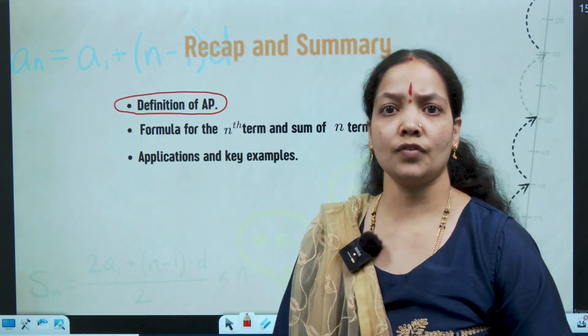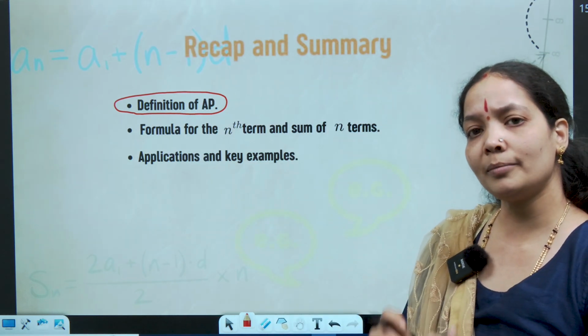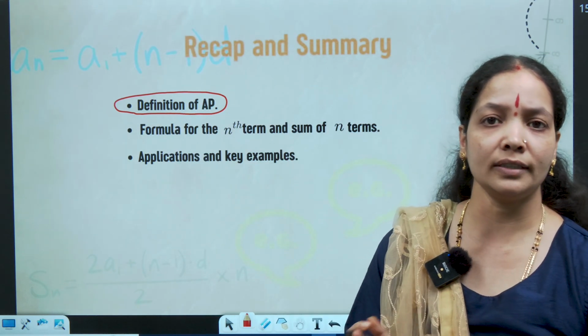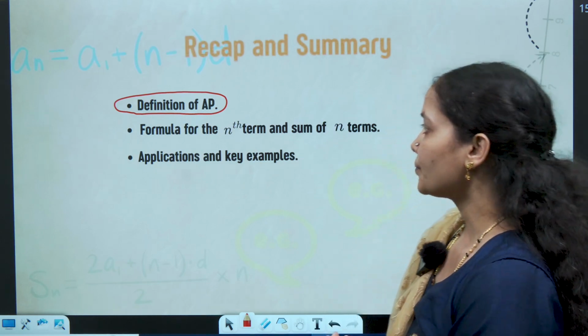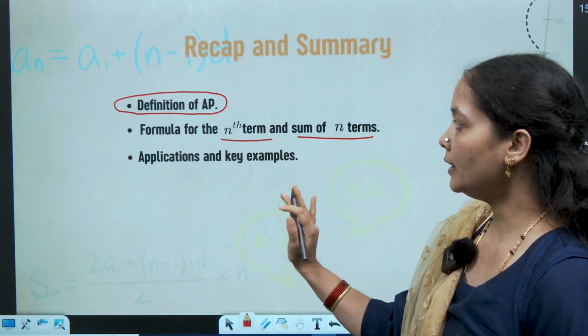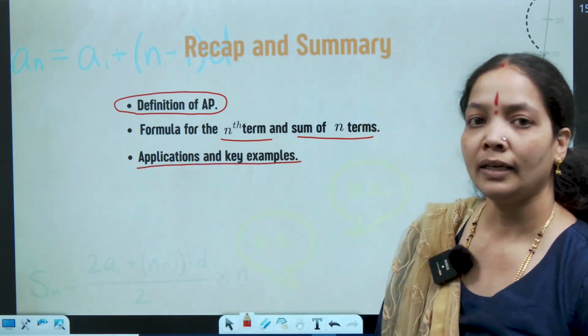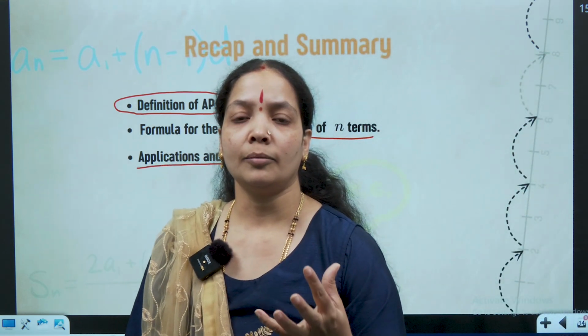The definition is, when a sequence is given to me, if the sequence has a common difference that is equal, then I call it an arithmetic progression. The formulas of nth term and sum to nth term we have just declared, and we have also covered the applications and key examples asked in your board exams.